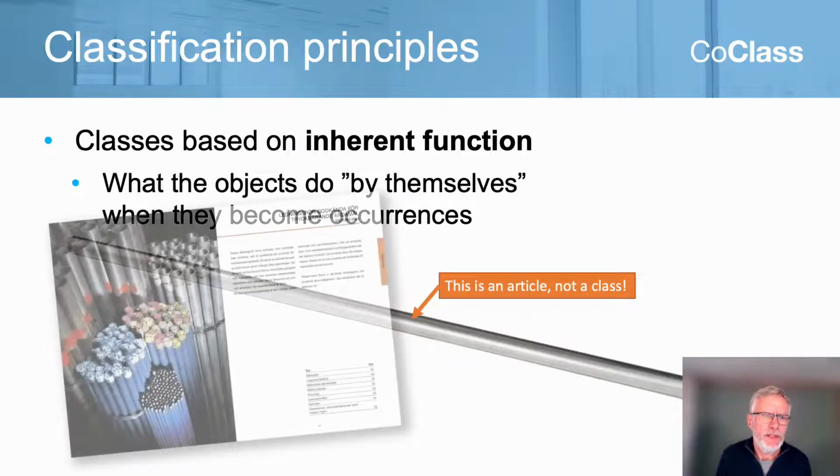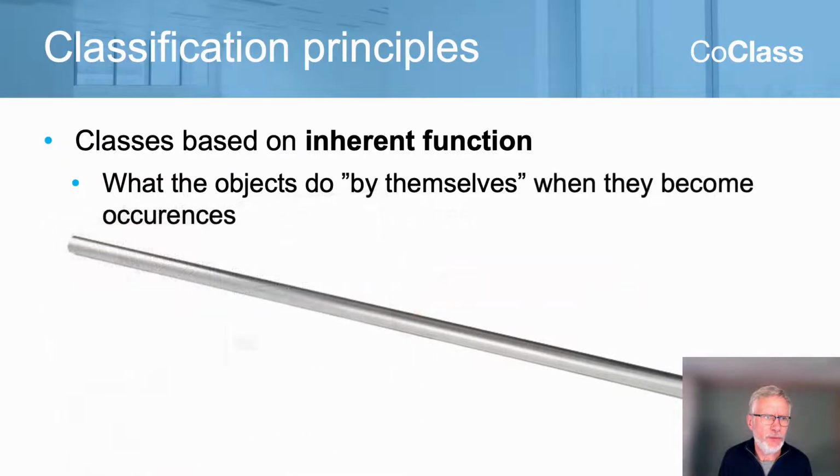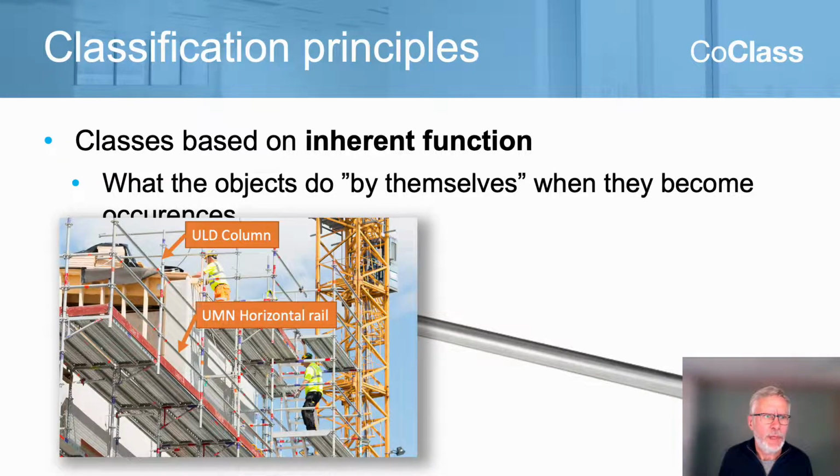But remember, this is an article, it's not a class. We have no classification for this pipe as a product. But we have it if you use it for scaffolding, for instance, ULD column and UMN horizontal rail. So when they become constructive things, they can be classified, in this case, then as ULD and UMN.